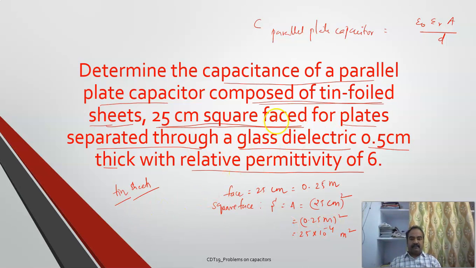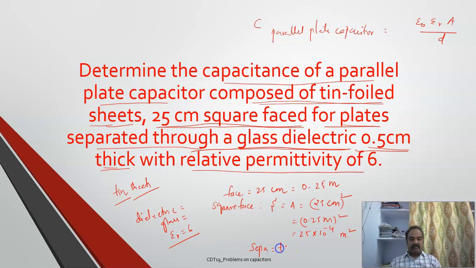And next, for plates separated through a glass dielectric, the medium is glass, with a relative permittivity of 6, epsilon r is 6, and 0.5 centimeters thickness is the dielectric, which means separation between the plates, or thickness, or d, what you call it, is 0.5 centimeter, or it is 5 into 10 to the power of minus 2 meters.